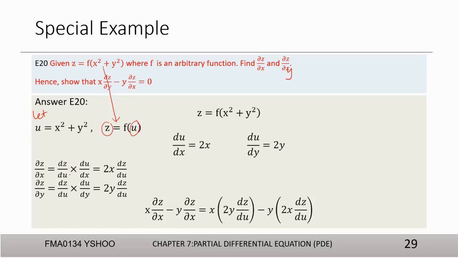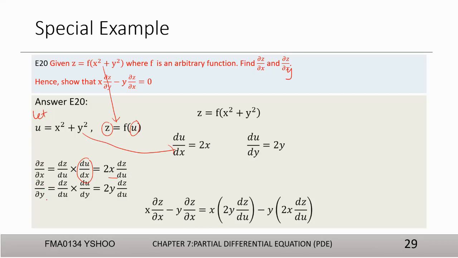So that's why we have dz du multiplied by du dx. So what is du dx? Because I let u equal x squared plus y squared, I differentiate, this one is constant, so I have 2x. So du dx is 2x. And do you know what dz du is? We don't know, we just keep it as dz du.